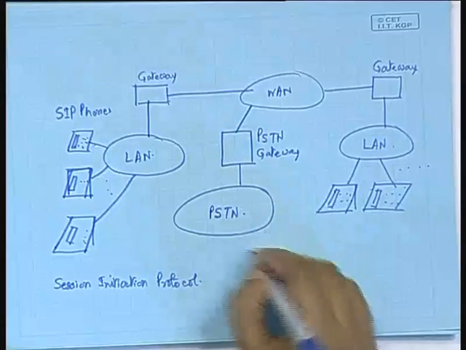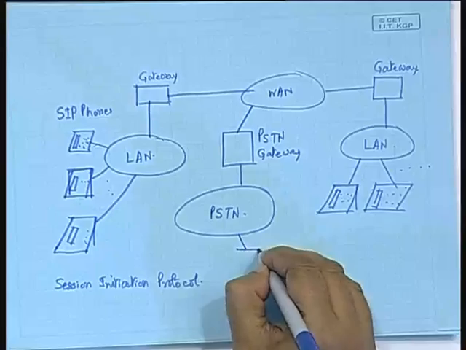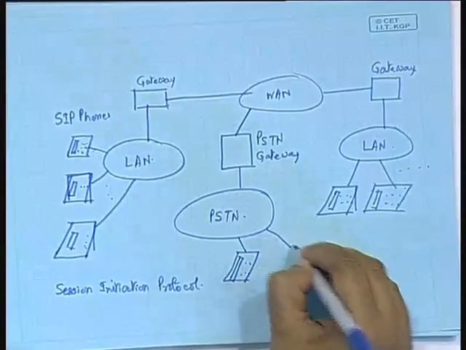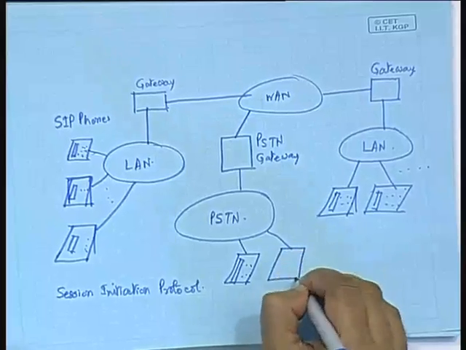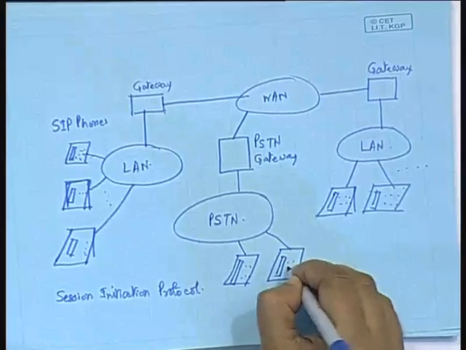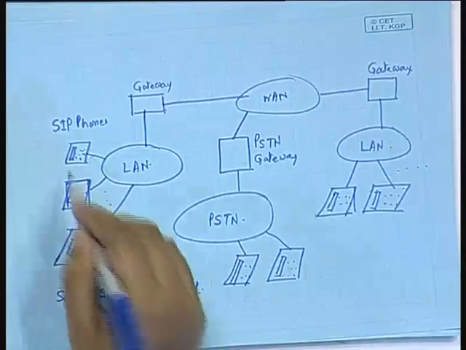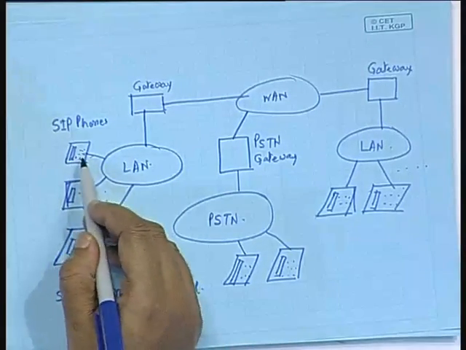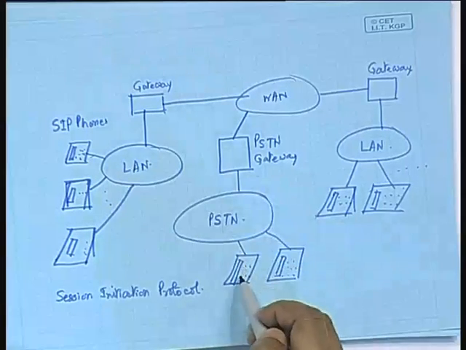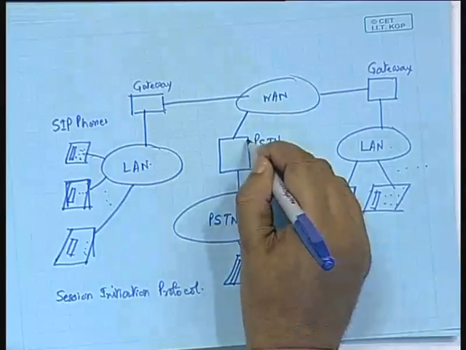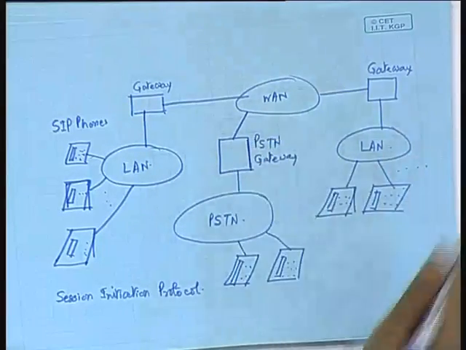Then the telephones which are connected to the PSTN are not IP phones; these could be the normal landlines. So, it is possible for you to communicate from these internet phones to any phone in this PSTN network. All that you have to do is to go through a PSTN gateway.